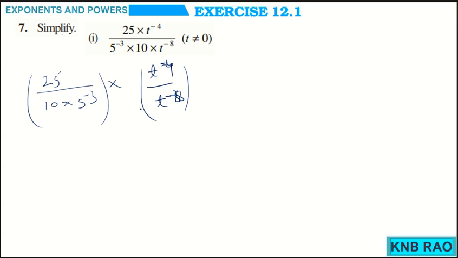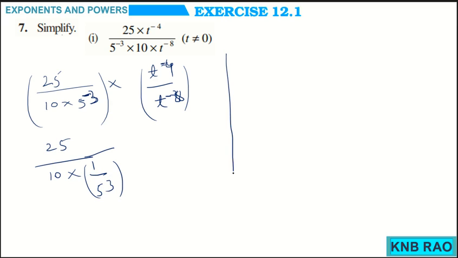So in the next step, 25 upon 10 into this 5 raised to the power minus 3, I will write as 1 upon 5 cube. This 1 upon 5 cube is the denominator's denominator, which will go to the numerator. In the next step we will do that.